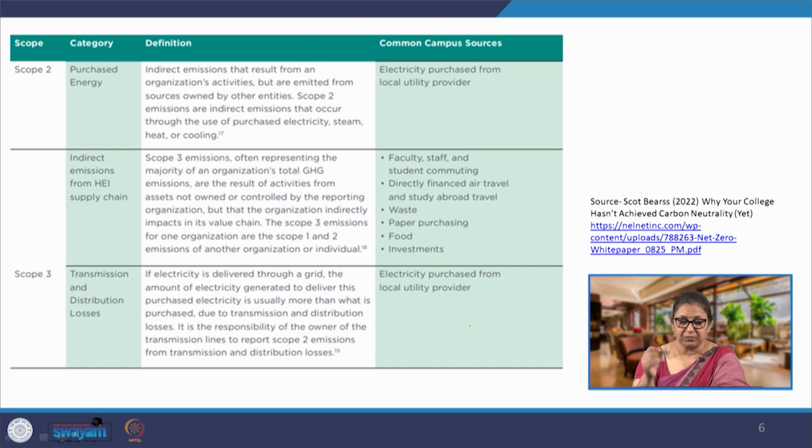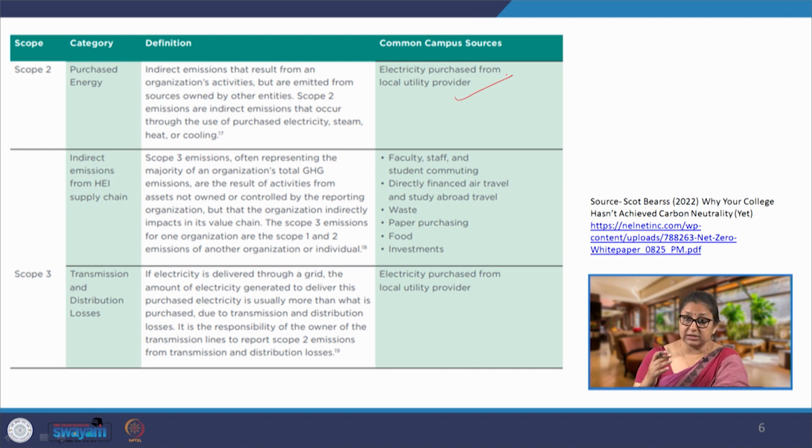Looking at scope 2, it is the electricity purchased from local utility power, and where it is going, we will see through one of the examples, but largely it is going into the buildings, because campuses have predominantly buildings as the major consumers of electricity. Plus some process emissions are going to be there, where we may have, say, small blast furnaces in the metallurgy department, chemical laboratories in the chemical and chemistry departments, where emissions from chemical reactions take place, or other kinds of equipment, fire testing equipment in civil engineering or something like that.